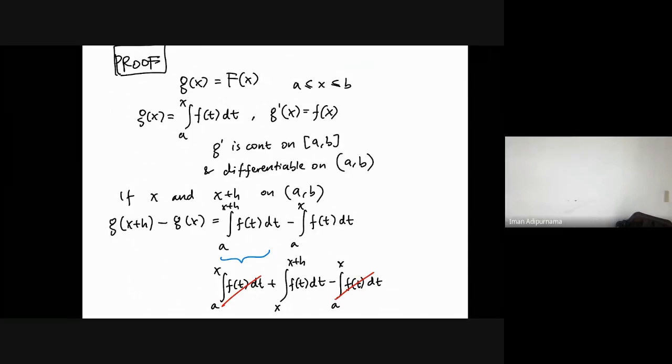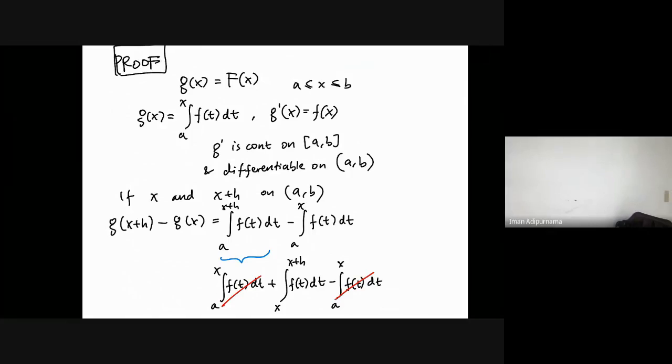So from g(x), we get g(x plus h) minus g(x), and we also evaluate the integral from a to x of f(t) dt with x and x plus h, so a to x plus h and a to x.